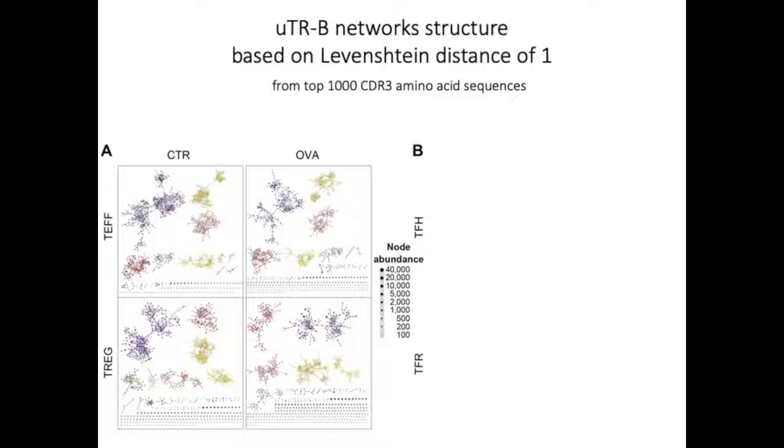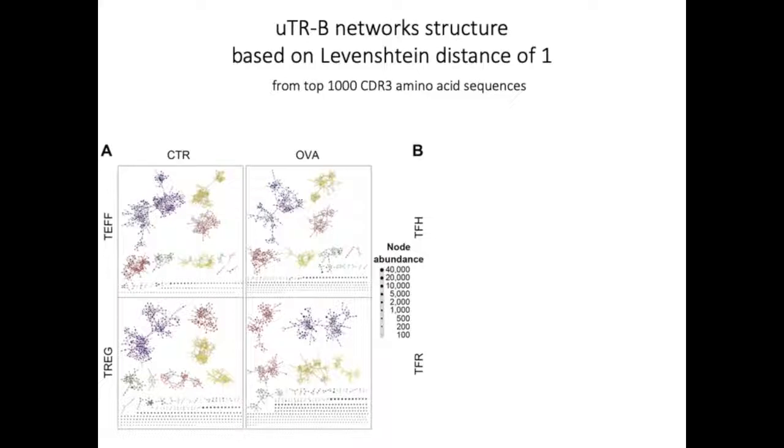For Tf and Treg, you see that kind of representation, where you have a few independent clusters and then clones that are single, not connected. You can look here also at the representation of the abundance of each of these clones.